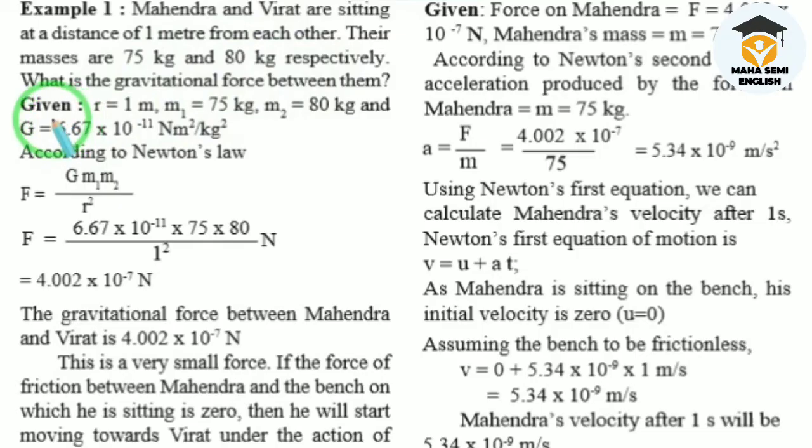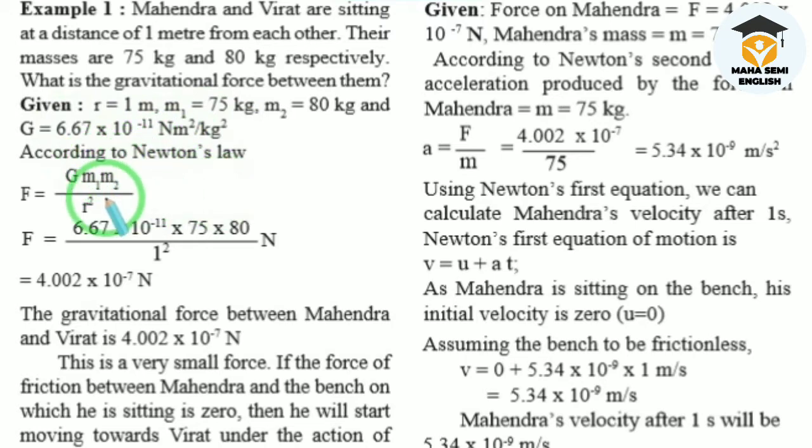So see here how we solve that. Given r, that is distance, 1 meter; m1, that is 75 kilogram, the mass of Mahendra; and m2, that is the mass of Virat, 80 kilogram. And we know that G is equal to 6.67 into 10 raised to minus 11 Newton meter square per kilogram square.